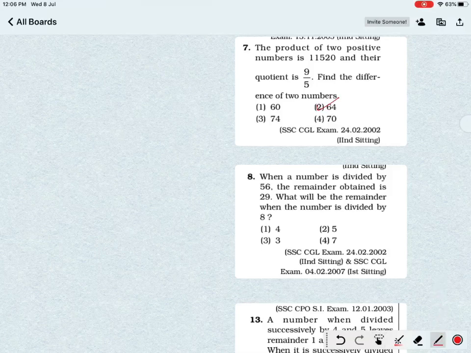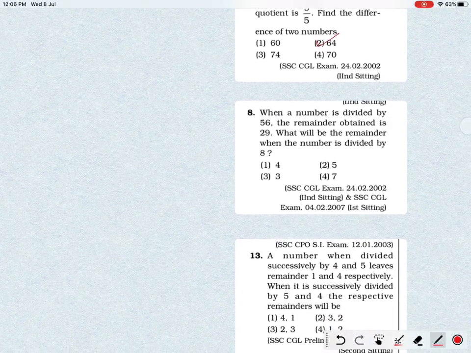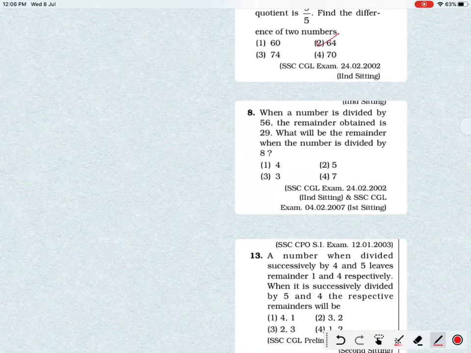Moving forward. When a number is divided by 56, the remainder obtained is 29. What will be the remainder when the number is divided by 8? So the number is divided by 56 and the remainder obtained is 29. So we can write 56q plus 29 is equal to n, where q is the quotient.